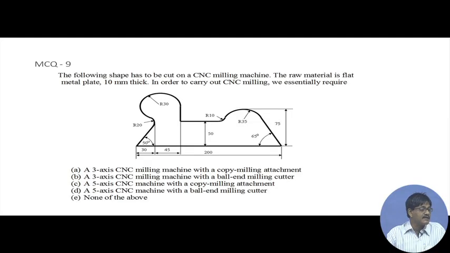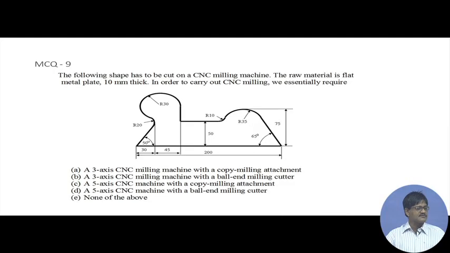Then comes a 3-axis CNC milling machine with a ball end milling cutter. Now, what are we going to do with a ball ended milling cutter? Ball ended milling cutters are generally used for freeform surfaces. So, this is also out. Next is a 5-axis CNC machine with a copy milling attachment, out. 5 axis, as we discussed, only 2 axis continuous control with the 3rd axis linear, that is enough.